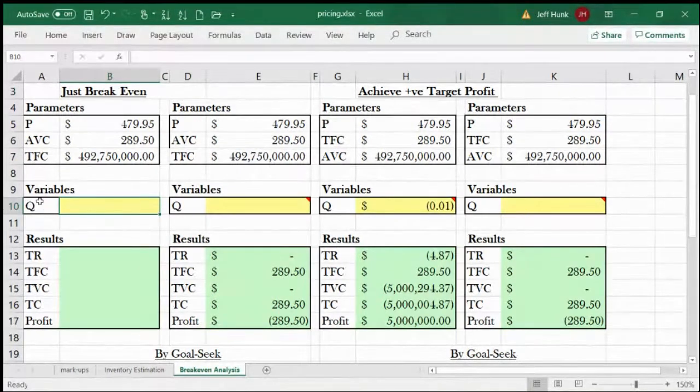In other words, Q, quantity, is the variable, because quantity changes, quantity varies, and depending on what the quantity is, you can break even or not, or you can even go beyond break even and make profit. If the quantity is before the break-even point, then you always have a loss.